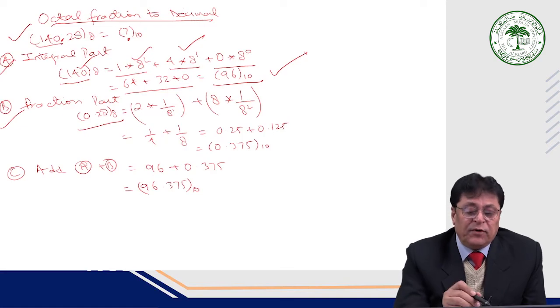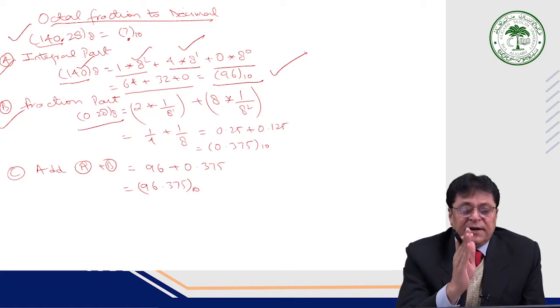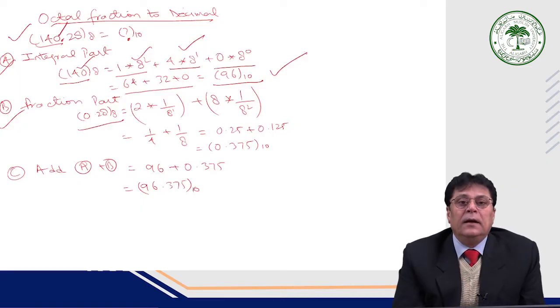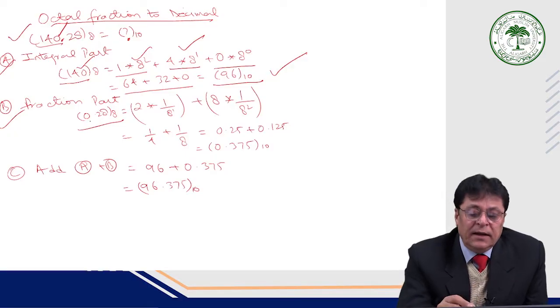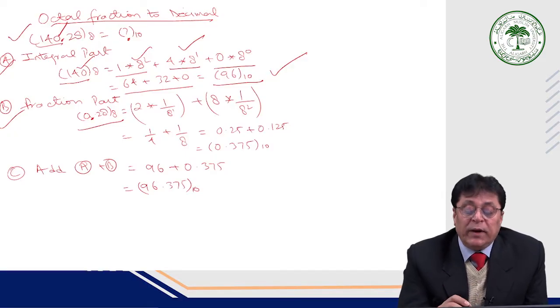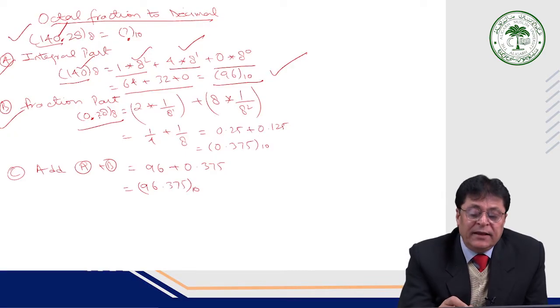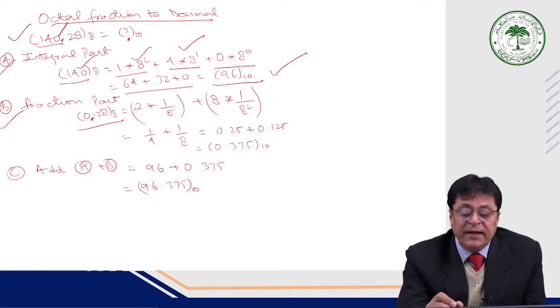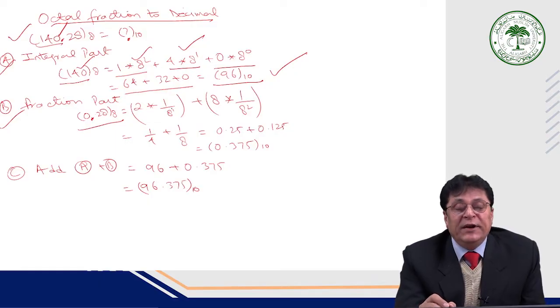In the same way, for the fractional part, we'll start right from the digit on the right hand side of the dot, which is 0.28, and we'll begin with the first digit soon after the decimal point, 2 multiplied by 1 upon 8 to the power 1.